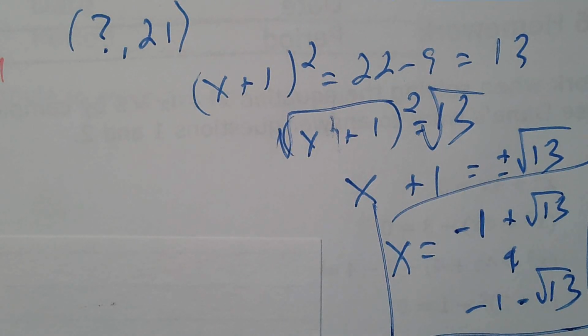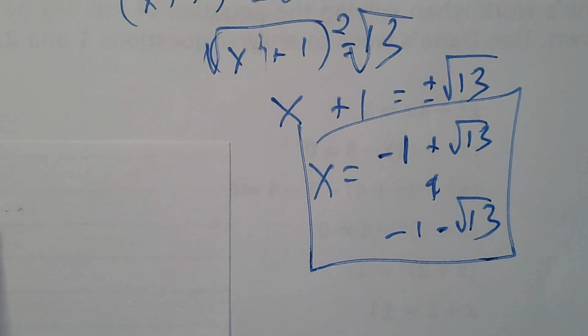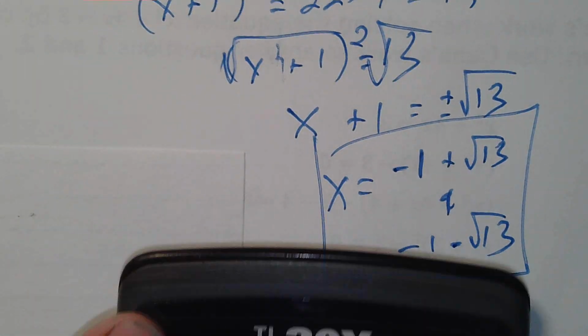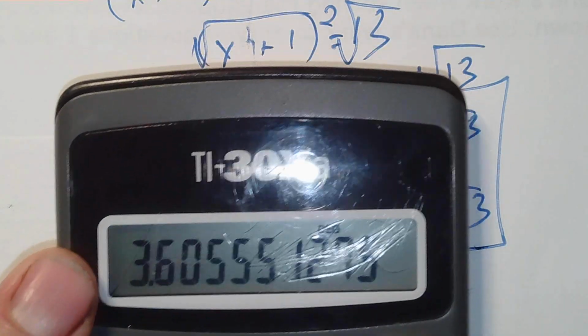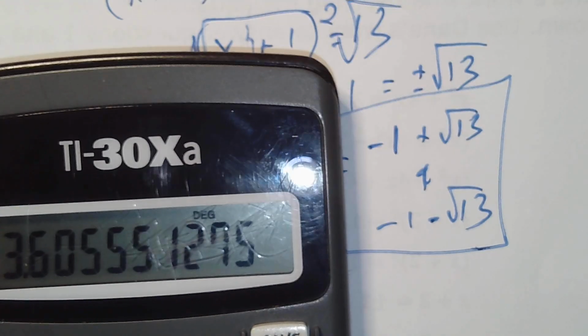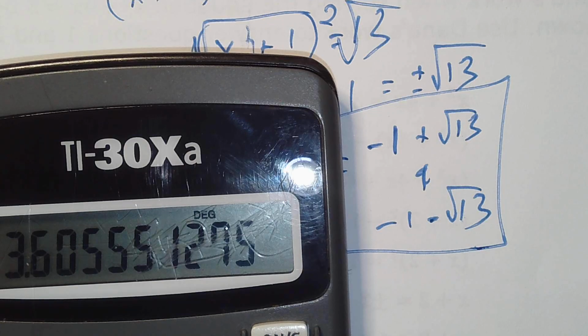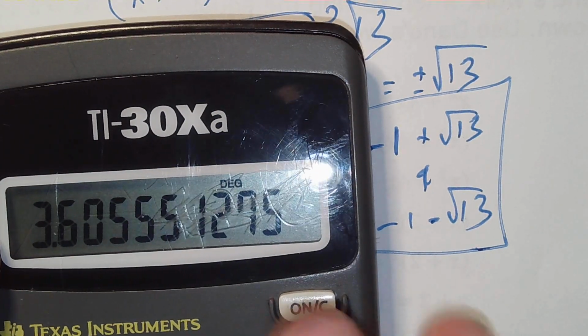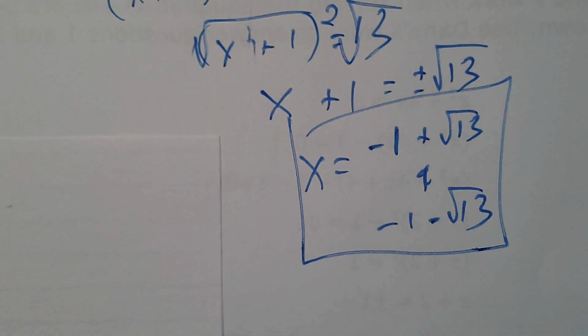So those are my two x values. Remember, the square root of 13 is just some number. So negative 1 plus that number, and negative 1 minus that number is the other one. So that is the first one.